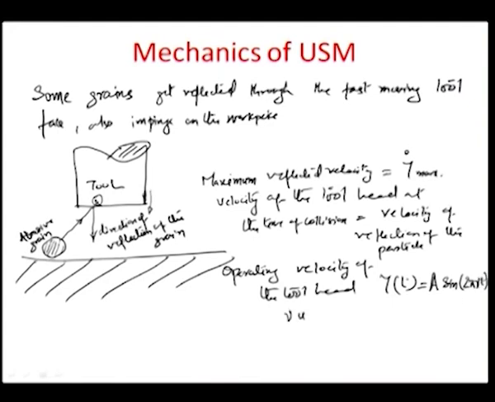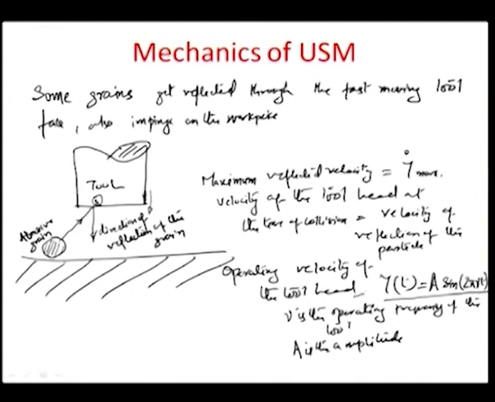Okay. Nu is the operating frequency of the tool, and a is the amplitude, and so therefore that is what the equation of motion of the tool head would be.